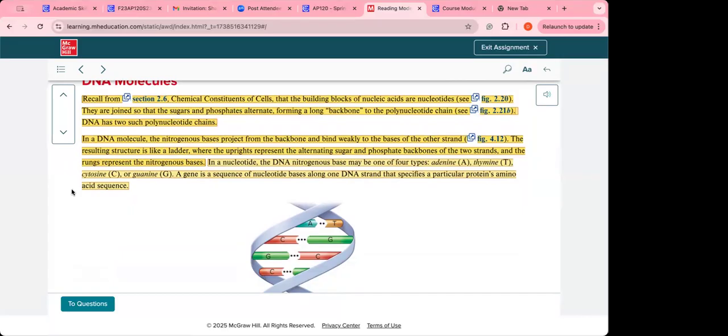They are joined so that the sugars alternate, forming a long backbone to the polynucleotide chain.